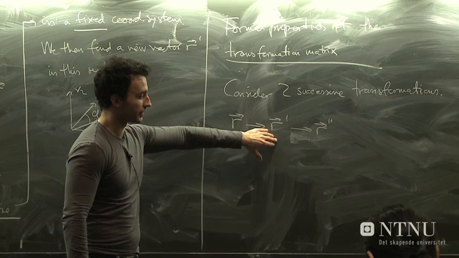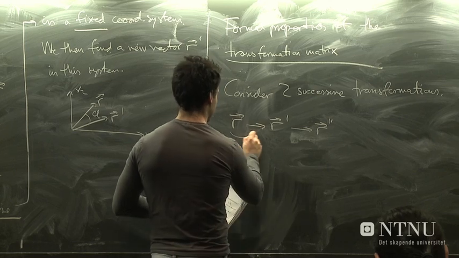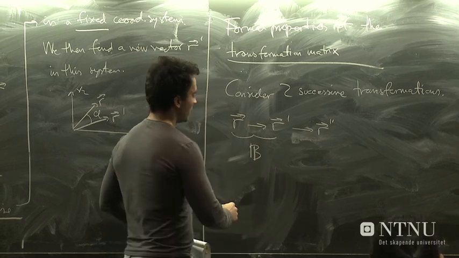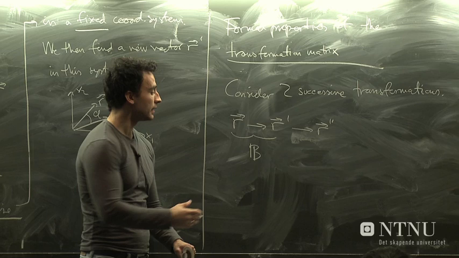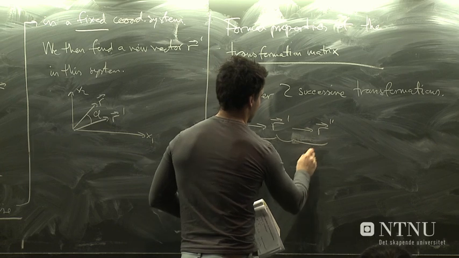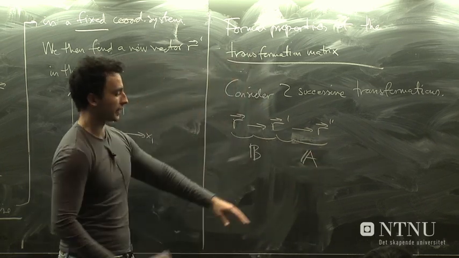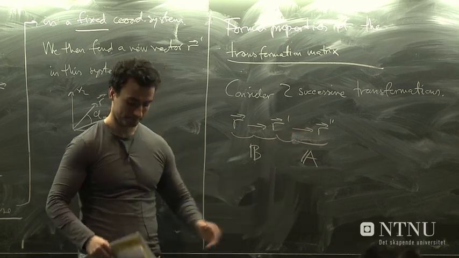And then we transform this vector again to some r double prime. We can associate a transformation matrix, which we may call B, with this transformation here, and then we associate some transformation matrix A with this transformation here.